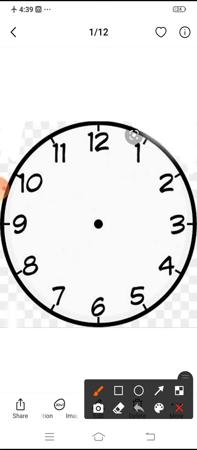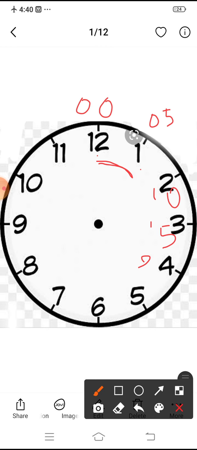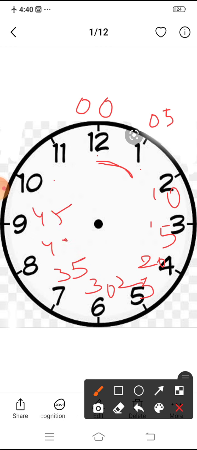Yes, now from 12 to 5 how many minutes does it take, students? From 12 to 5, always remember the table of 5. That makes it very easy for you all to measure the time. Here it is 00, here it is 05, then 10, 15, 20, 25, 30, 35, 40, 45, 50, 55.